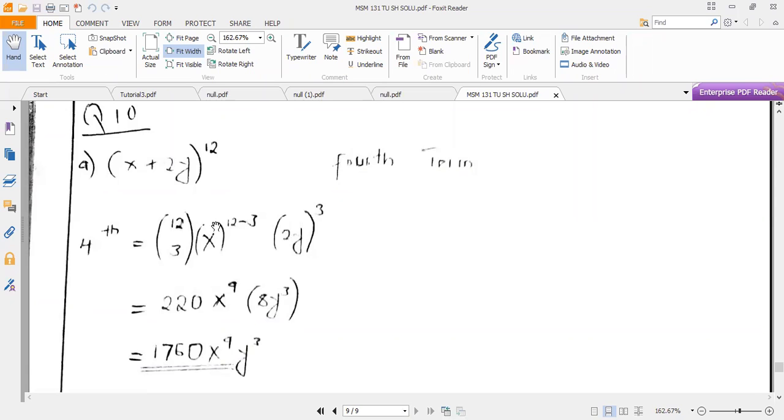X to the power 12 minus 3 is 9. Then 2 to the power 3 is 8, so it will be 8y to the 3. So 8 times 220 will give us 1,760 x to the 9, y to the 3. So our fourth term is 1,760 x to the 9, y to the 3.